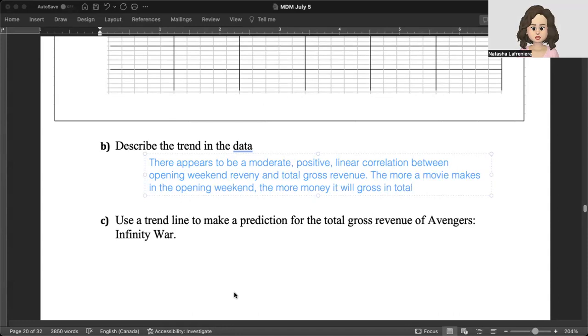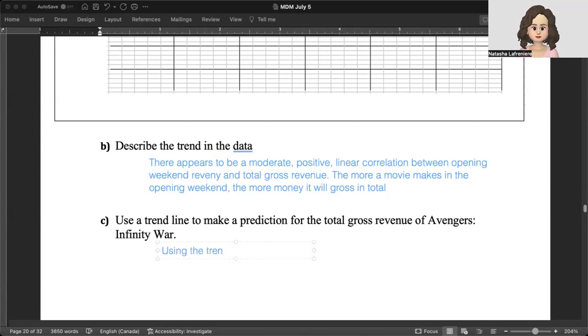Use a trend line to predict total gross revenue. Using the trend line on the graph, the predicted total gross revenue is about 725 million.